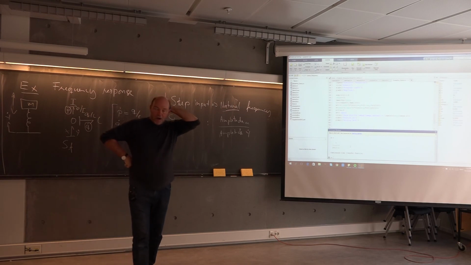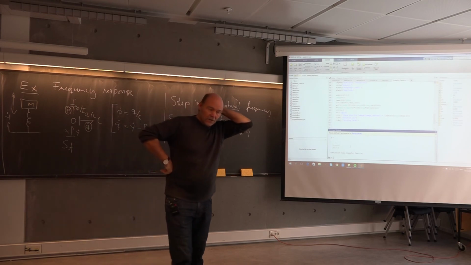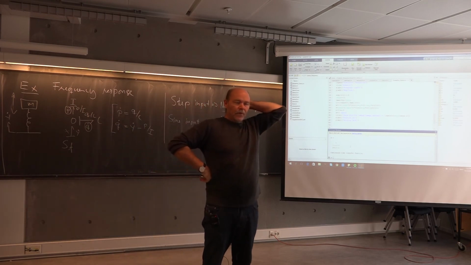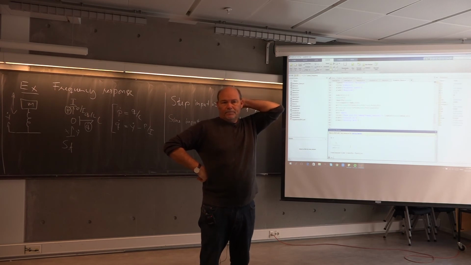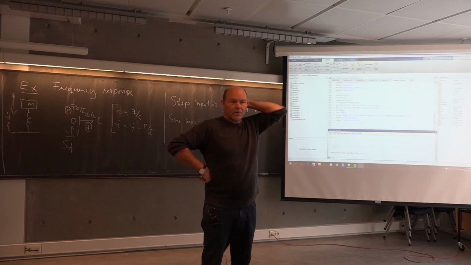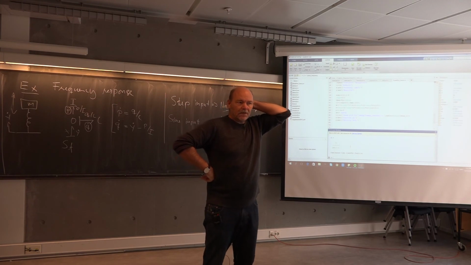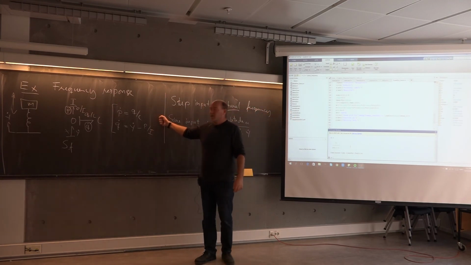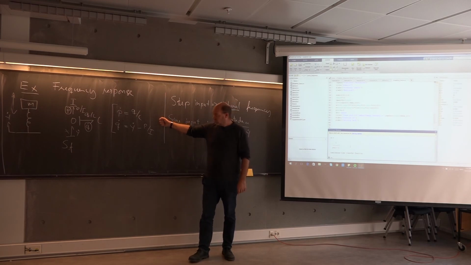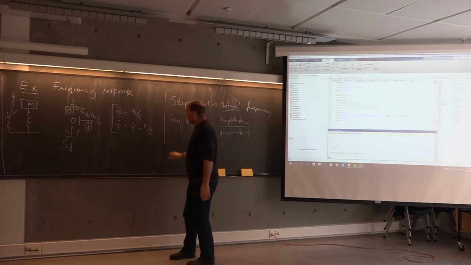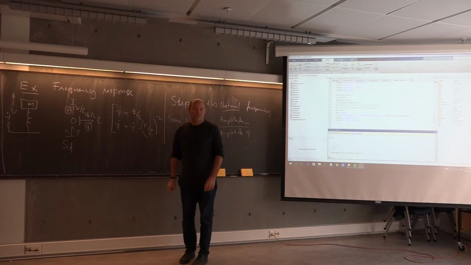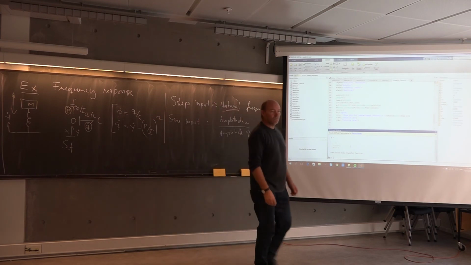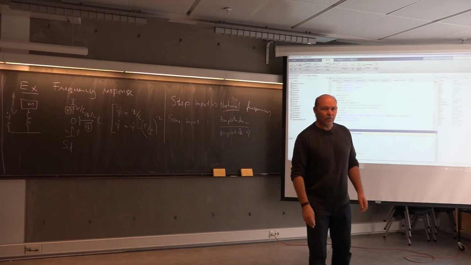And why? It's two reasons. One, some of you have taken this course already, so you know this, so it's boring. Second, if you want to do a Laplace transform, your equation system has to be linear. What if you have something like this? Forget it. You can't use the Laplace transform.